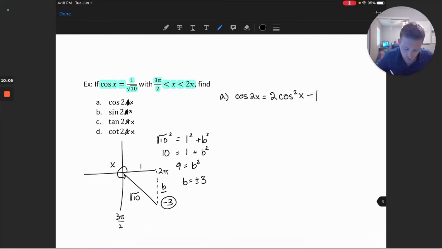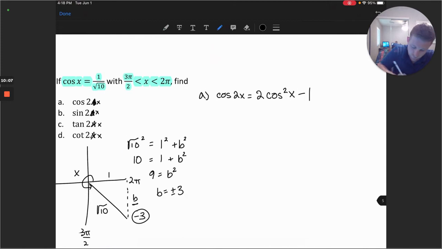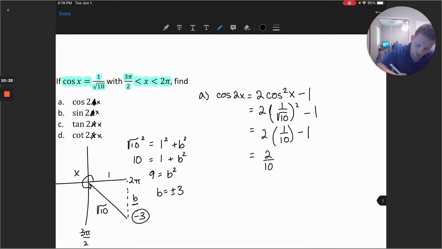Right, and again, we know what cosine is. So we can say that this is going to be 2 times cosine x quantity squared minus 1. So we'll work out this 2, and then we'll have 1 over 10 minus 1, or 2/10 minus 1.